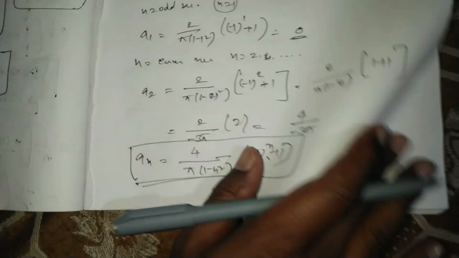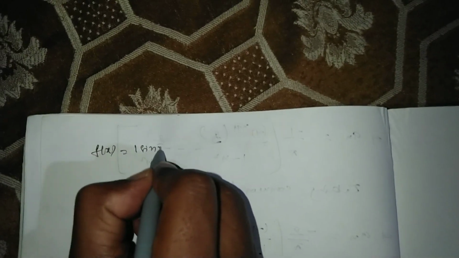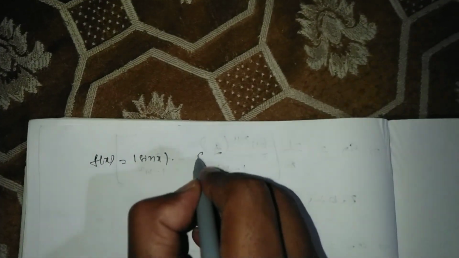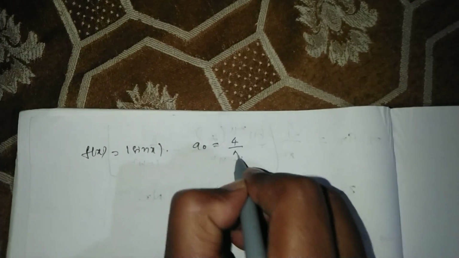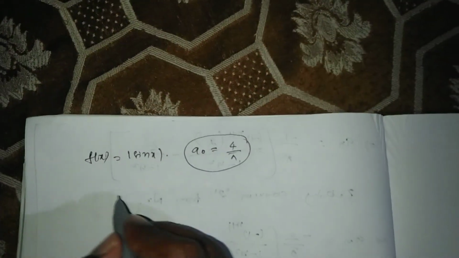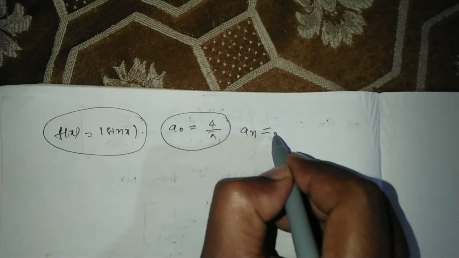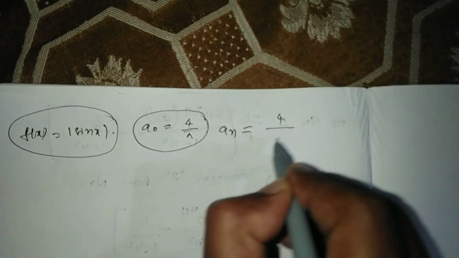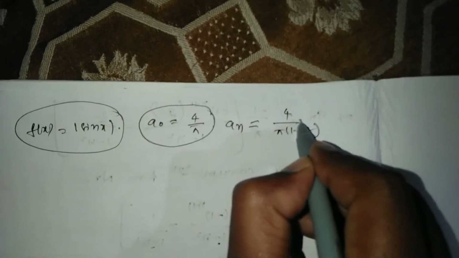So you have to just write your function f of x is equal to mod sin x, and a naught value is equal to 4 by pi, and an is equal to 4 by pi into 1 minus n square.